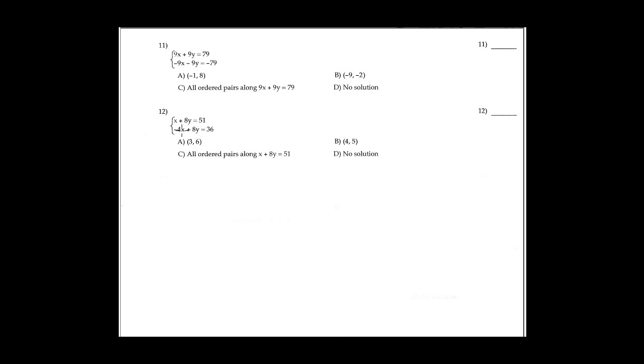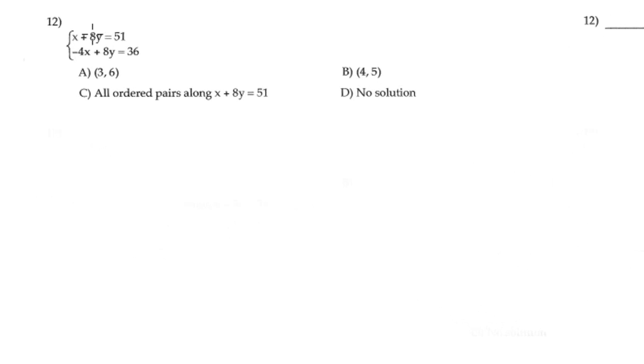Okay, number 12, I saw that we have negative ay and positive ay. It would be fantastic if at least one is negative ay. Multiply the second equation by negative 1, for example. And you copy the first one, x plus ay equals 51.